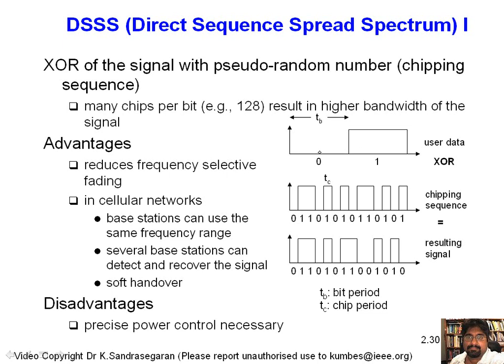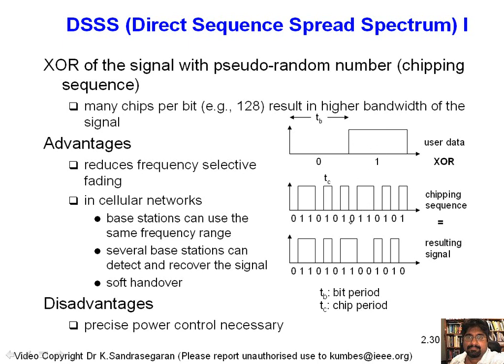You are multiplying each user bit by something called a chipping sequence. So for example, this 0 here is multiplied by a chipping sequence which goes 0, 1, 1, 0, 1, 0, 1. Okay, and then the 1 is also multiplied by the same chipping sequence.